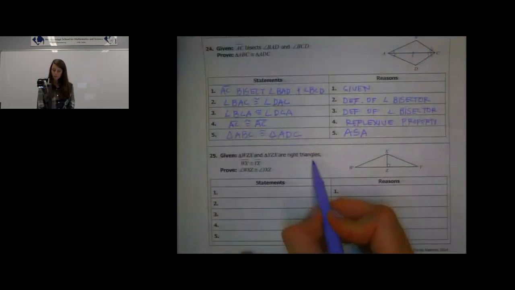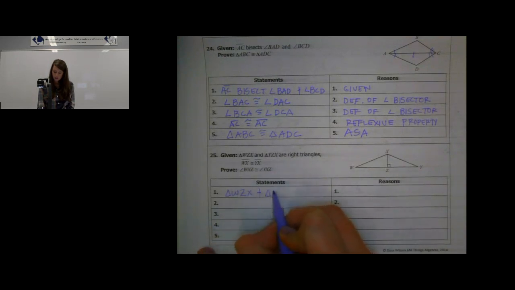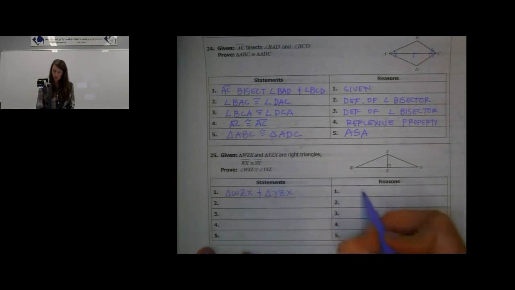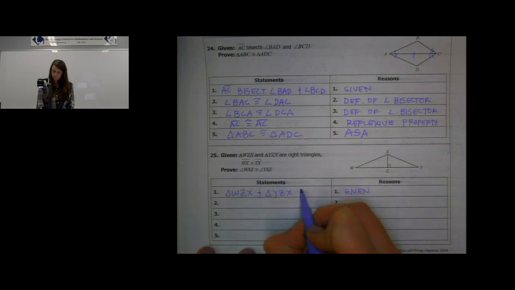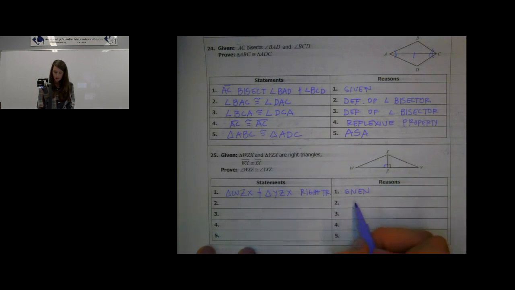Alright, let's look here. Number 25. So write what you know. Triangles WZX and YZX are right triangles, so that's given.